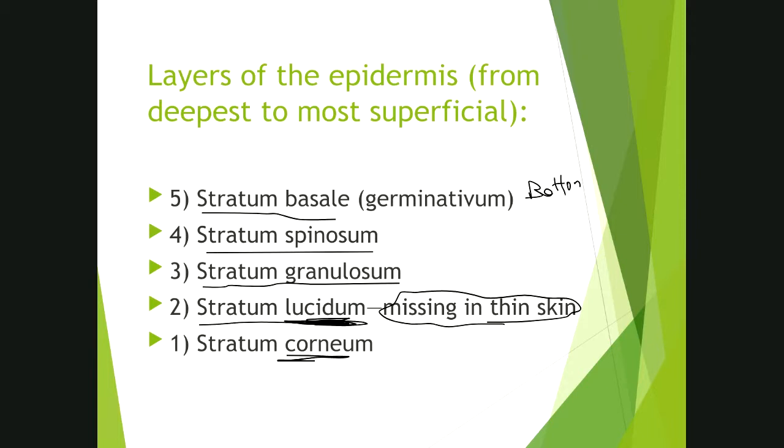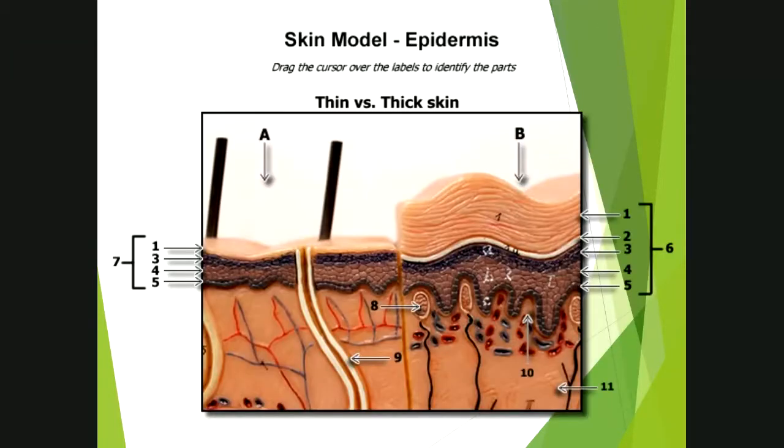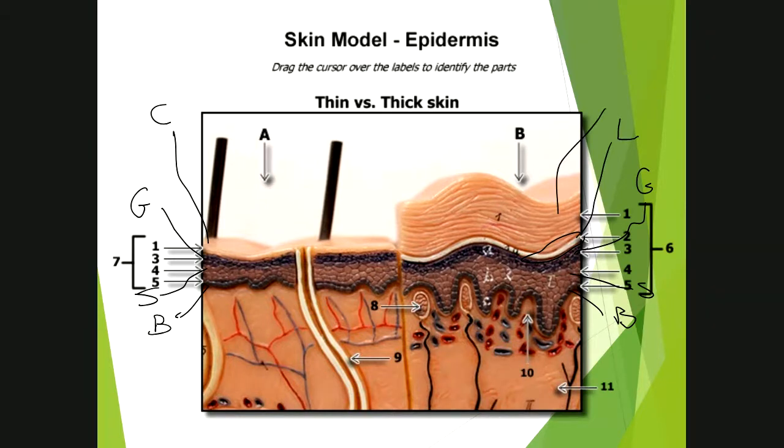So if we go back and look at it, that is the basale, and that is the spinosum, and there's the granulosum, and then we don't have a lucidum, and then we have corneum, and then over here, there's basale, there's spinosum, there's granulosum, and here's that one that we do have over here, that's lucidum, and then corneum.